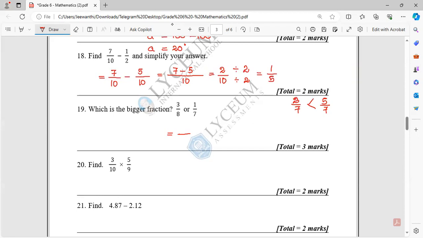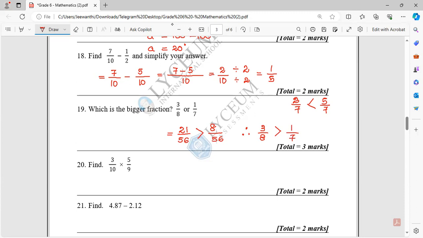I take the common denominator here, 56, right? 8 times 7, 7 times 3, 21, 7 times 8. So it's obvious, the 21. 7 times 8. Yes, so this is bigger. Therefore, 3 over 8 is bigger than 1 over 6.